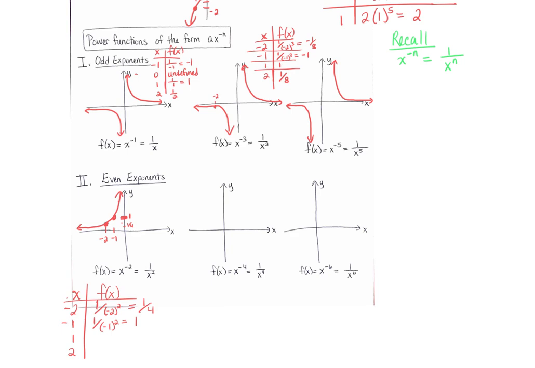So whenever you have 1, you have 1 over 1 squared, which is 1. When you have 2, what are you going to get? 1/4. Good. So that's the point 1, 1. Then you're also going to have 2, 1/4. And then you can sketch the graph here.